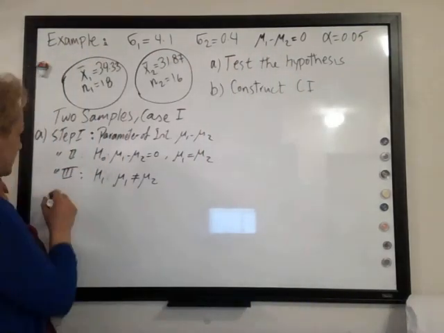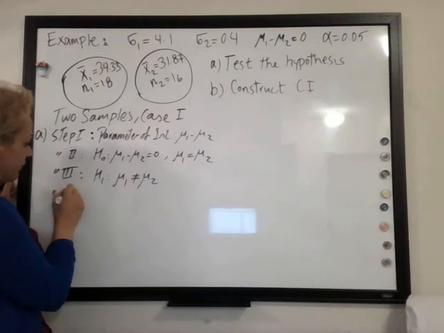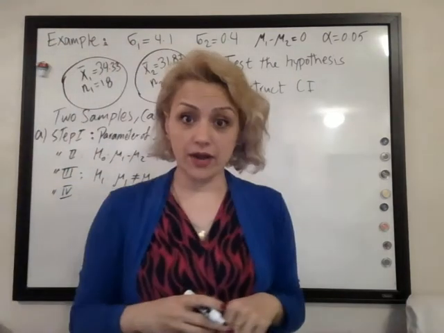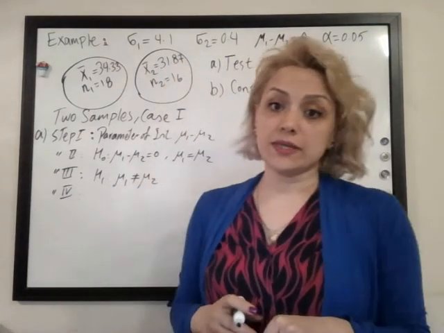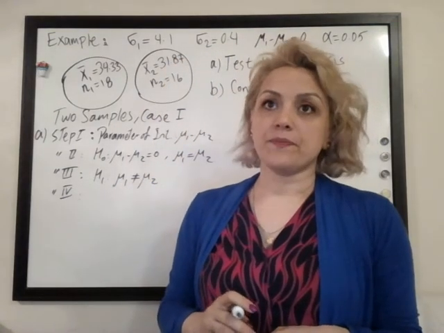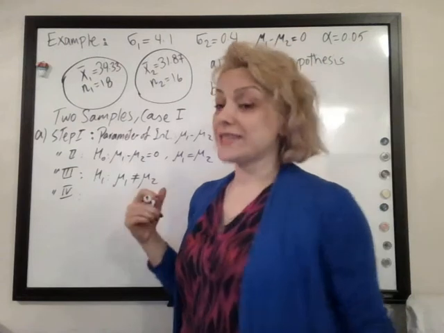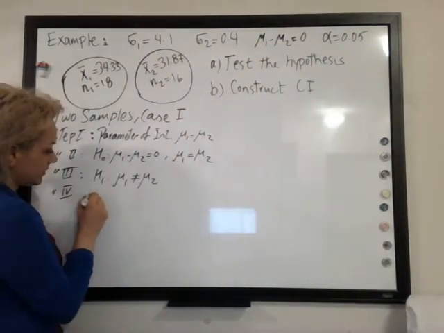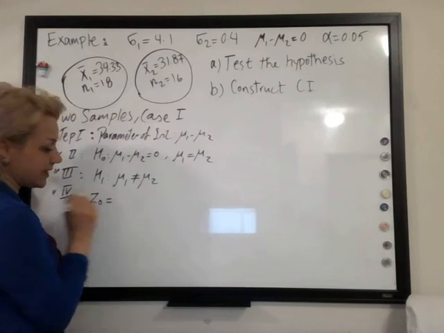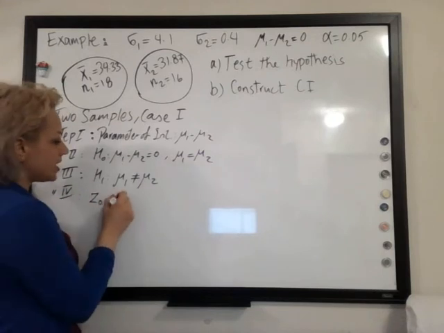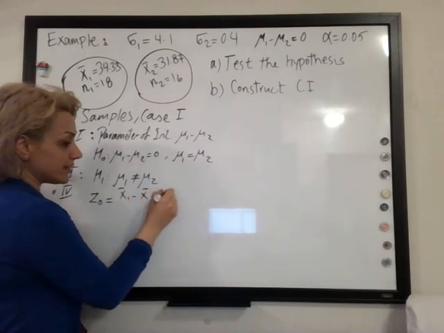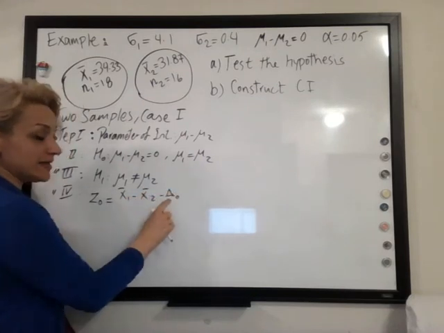Step number 4 is to write down the test statistic. We want to know what the test statistic is going to be. Here it is case 1, so we would write down the z observed. It's going to be x bar 1 minus x bar 2, minus delta, but the delta here is 0.